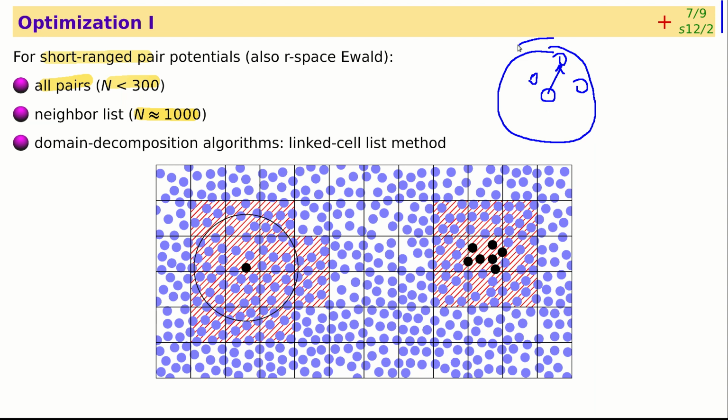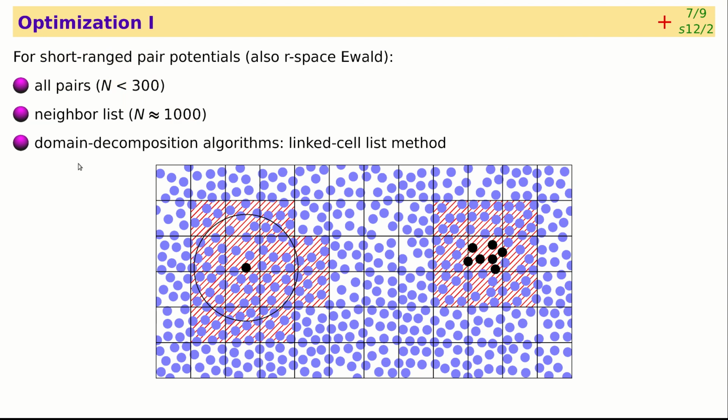There must be some extra space around here so that we can use this list for, let us say, several time steps, but then we must update the list. By the update, we include molecules that came from outside and omit molecules that we no longer need, that flew out of this list. And this list exists for every particle in the system.